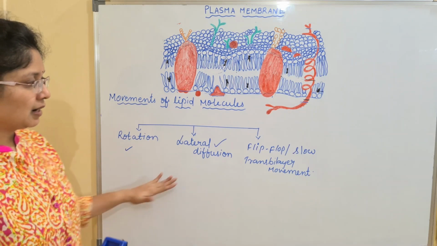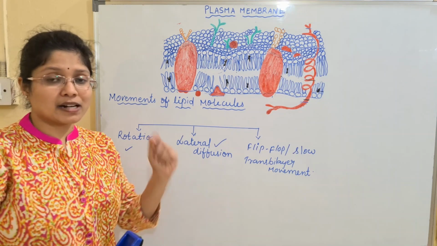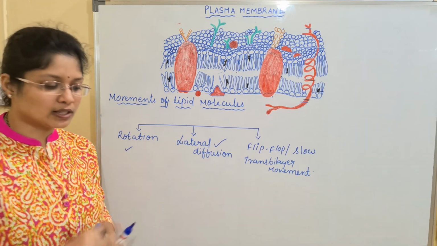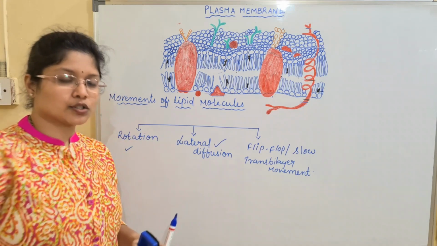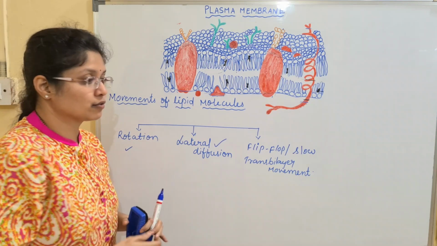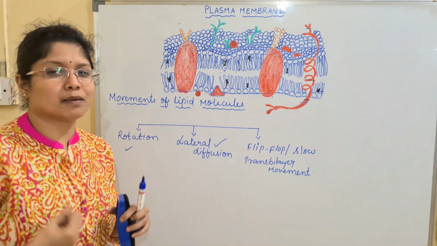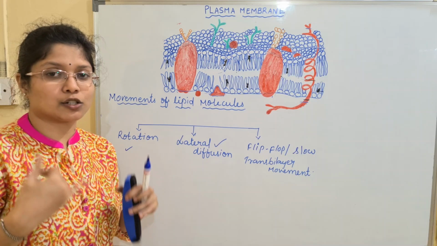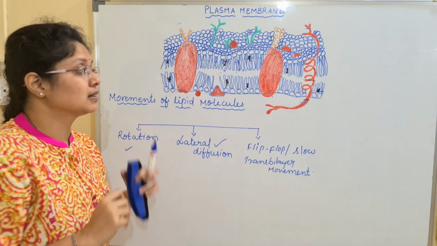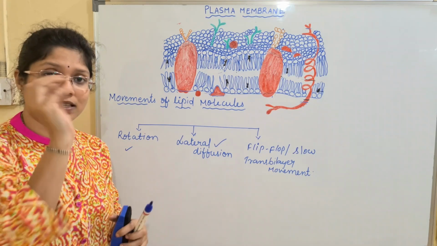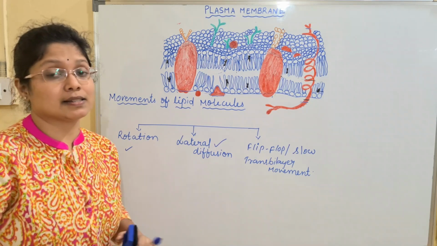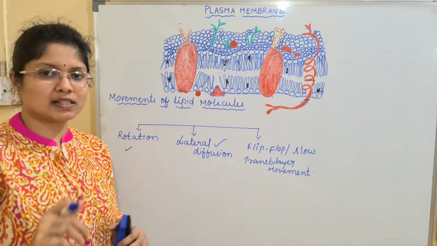Now tell me, what about the symmetry of these lipids? With respect to lipids, their structure as well as their movements, if you observe, they are very dynamic in nature. They are changing, they are showing rapid movements in this plasma membrane, and hence we call this membrane an asymmetric membrane. Why is this asymmetric?